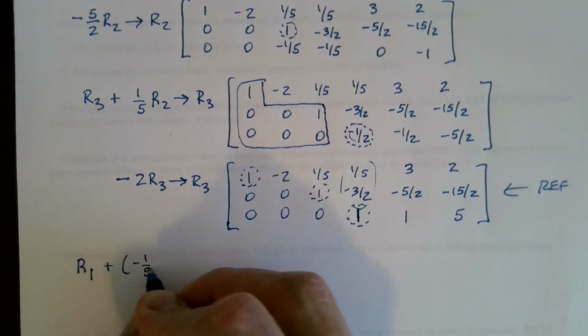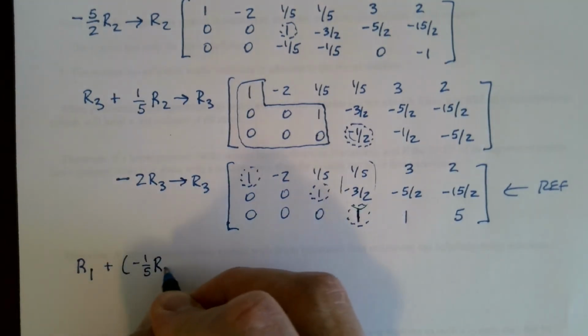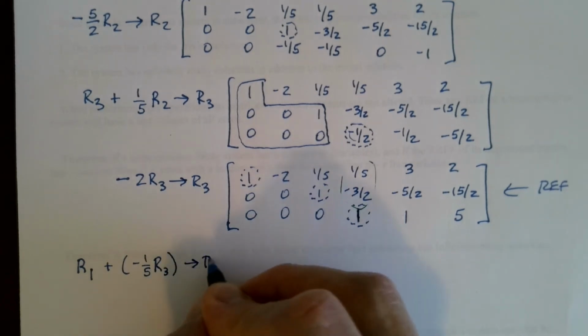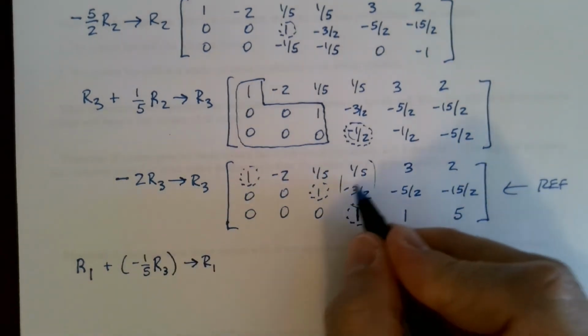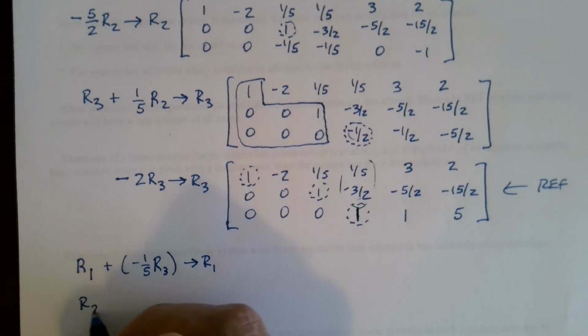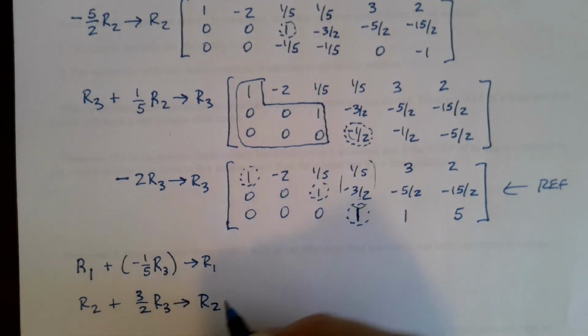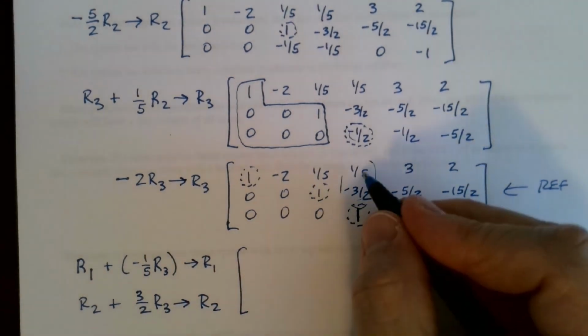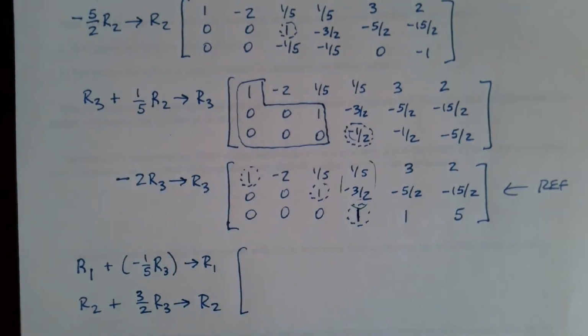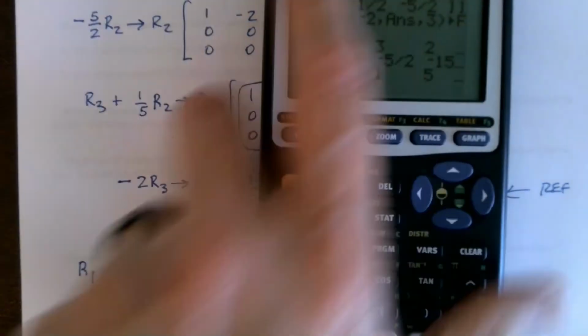Negative 1/5 times row 3, and replace row 1 with that. And then how do I get this to be 0? Take row 2, the opposite of negative 3/2 is positive 3/2 times row 3, and replace row 2 with that. That will get zeros above that leading 1. Okay. So I'm going to do those two operations.